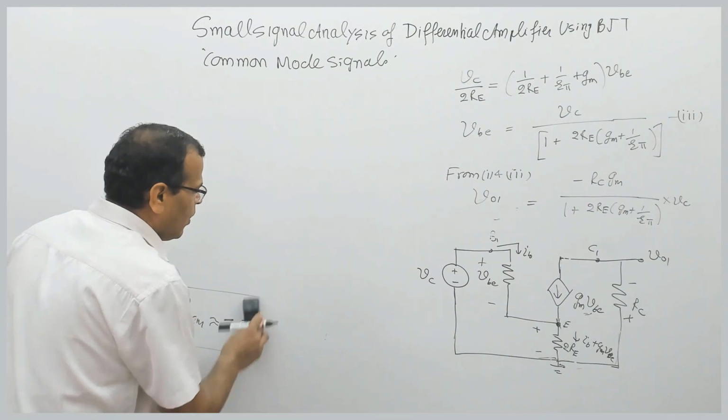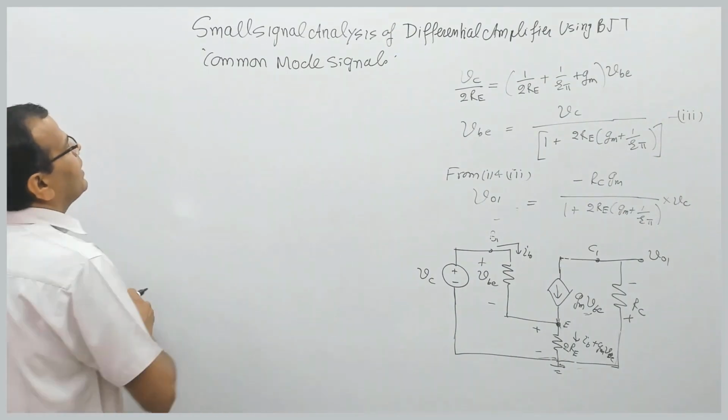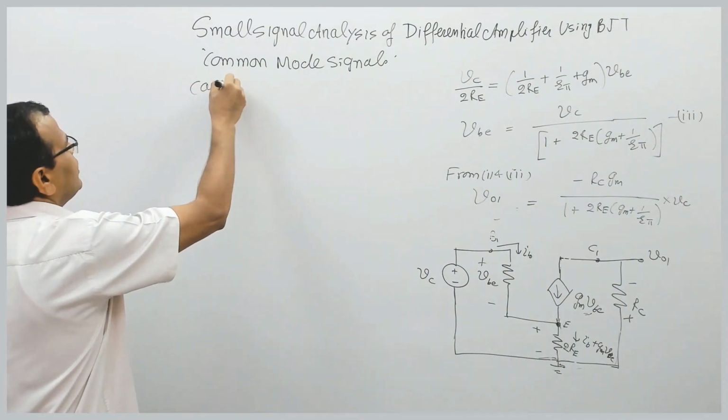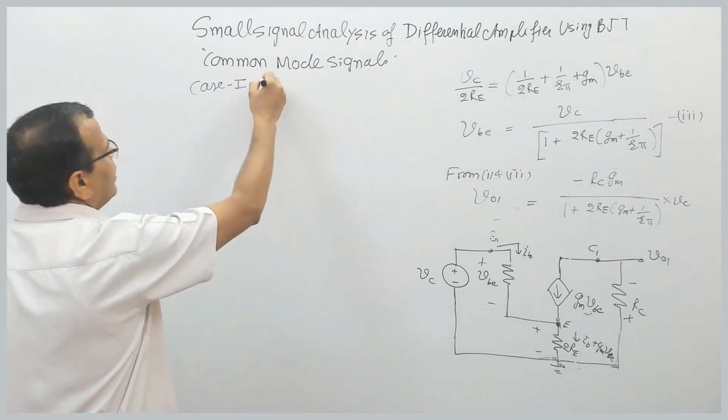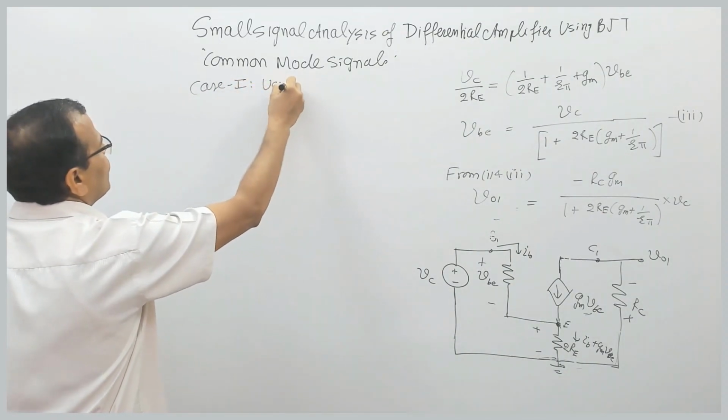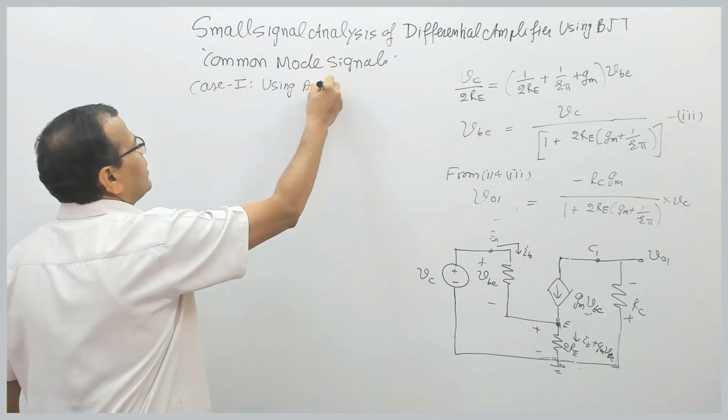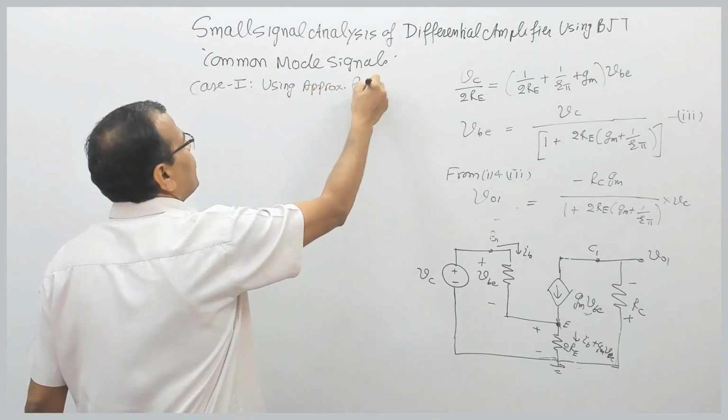Fine. Now let us take case 2. Case 2 is the analysis using which model? That is the approximate H parameter model.